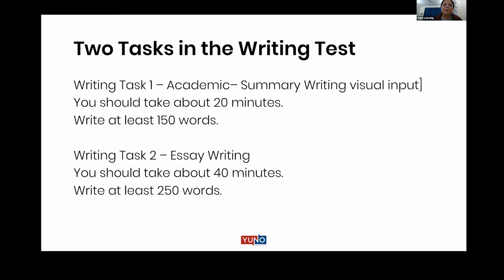Try not to go beyond 200 words. You'll be able to write and review within 20 minutes. Writing task 2 is the same for academic and general training students, and that is essay writing. Today we are discussing writing task 1 for academic students.